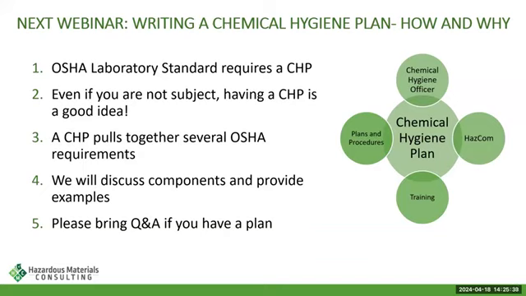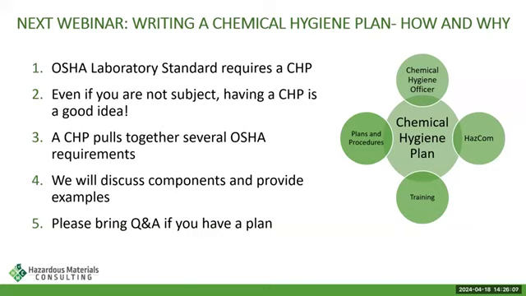All right, so for the next webinar, we're going to talk about your chemical hygiene plan. For Vermont, New Hampshire, Iowa, for all of the states that are on, you are all required to have a chemical hygiene plan. Sometimes they're called safety plans. For New Hampshire, the Department of Education has adopted parts of the OSHA lab standard.